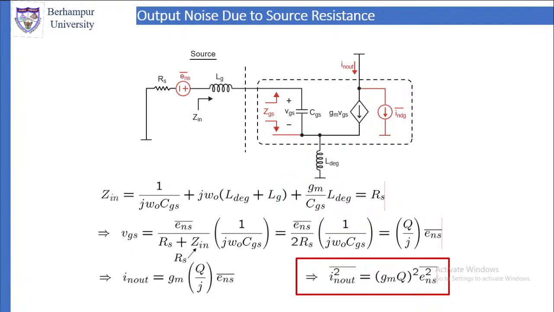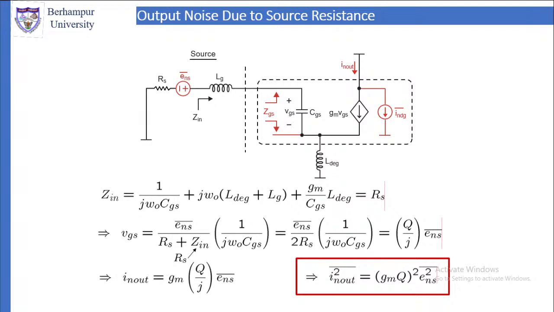So RS plus Zin, all into 1 by j omega 0 CGS. So you can put it as the source noise divided by 2RS into 1 by j omega 0 CGS. Now 1 by 2RS j omega 0 CGS is equal to Q. If you put that, then VGS is equal to Q by j into the source noise.